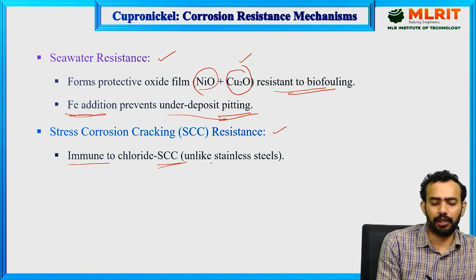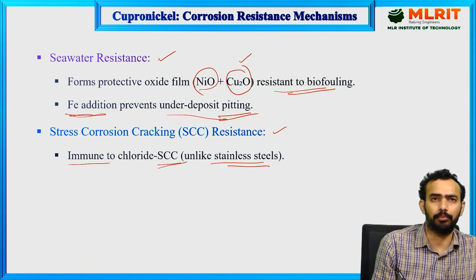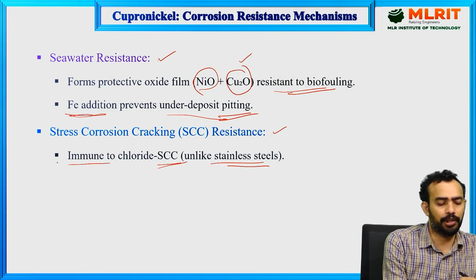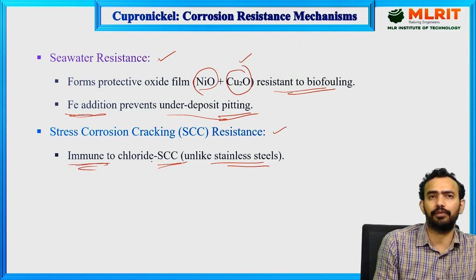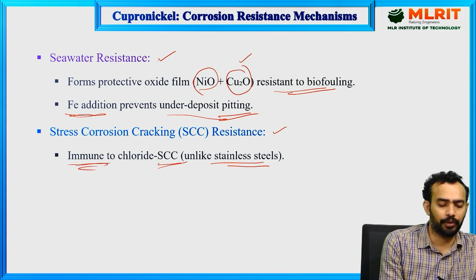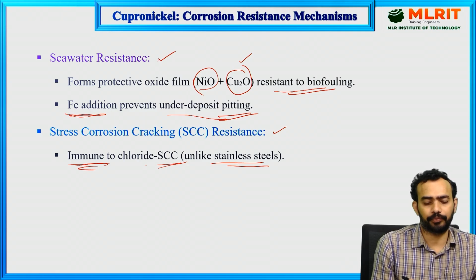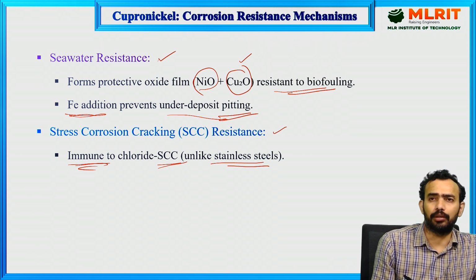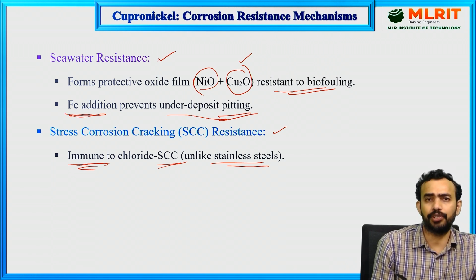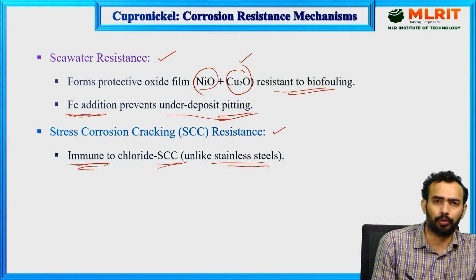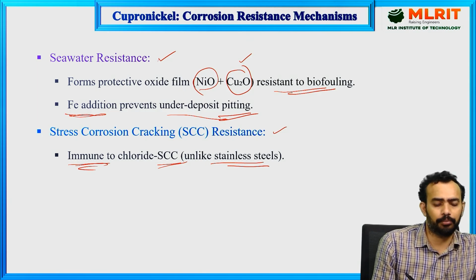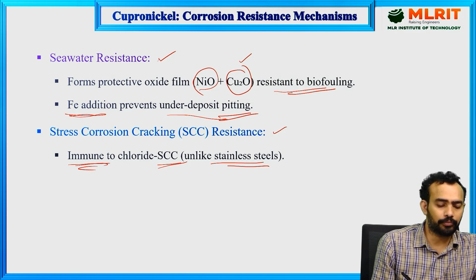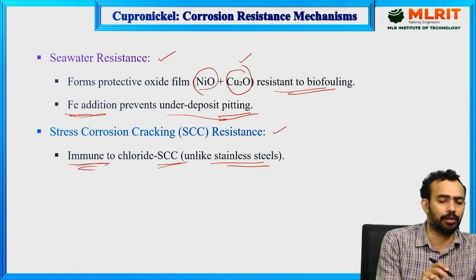One can see it in stainless steel, but this material is immune to it, particularly chloride-based SCC. Chloride can be present in the water, and materials like stainless steel can be affected by it and eventually damaged over time. Their durability is relatively less when compared to these cupronickels.